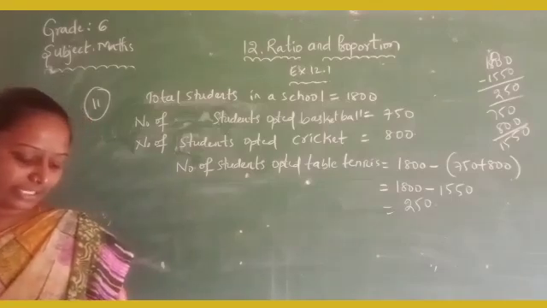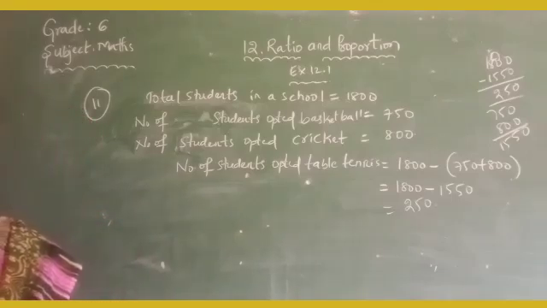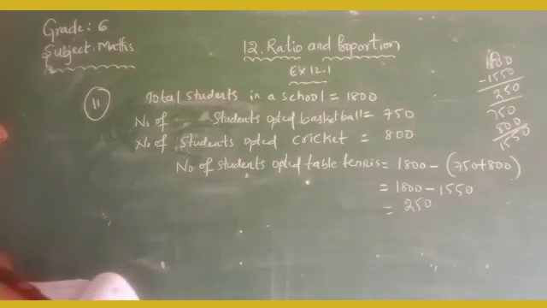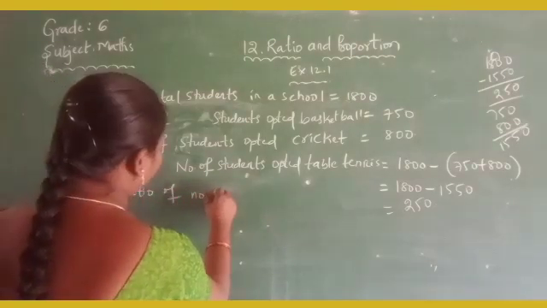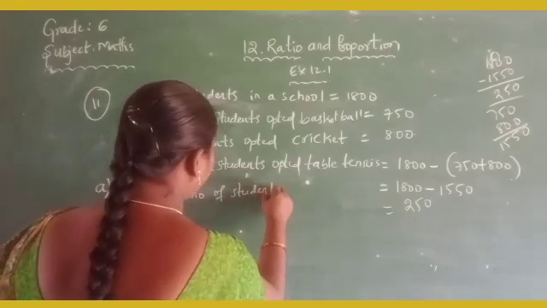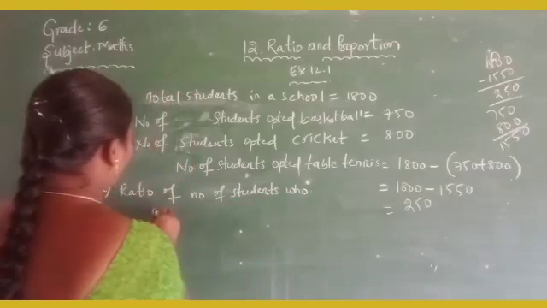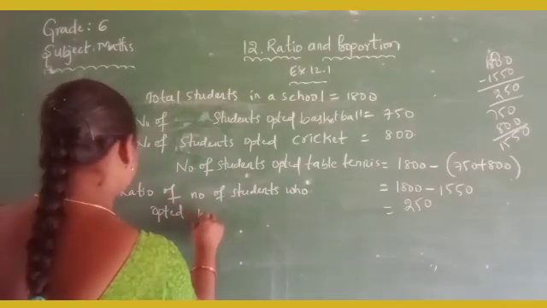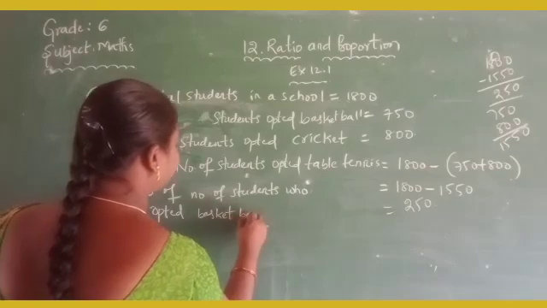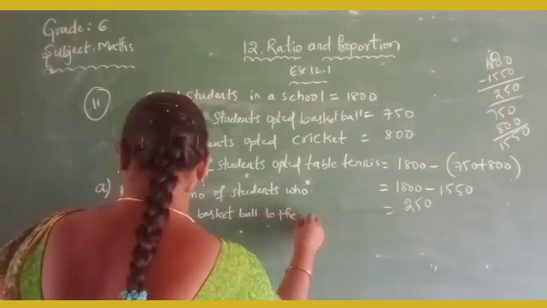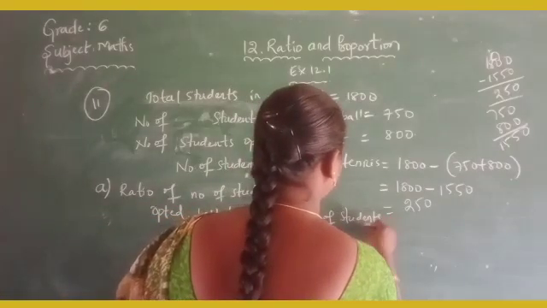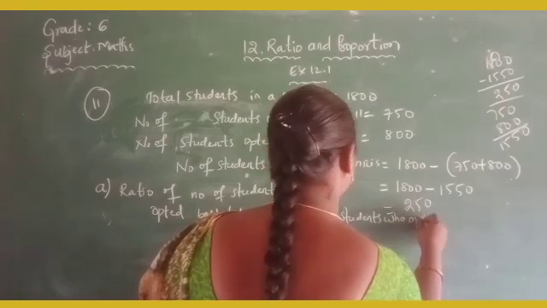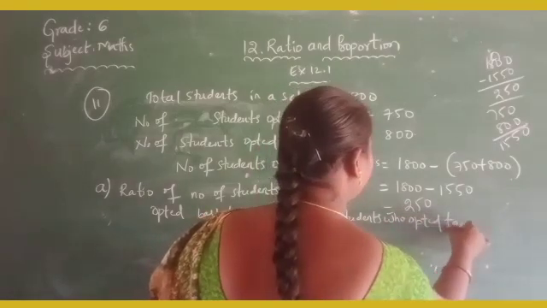Now find the ratio of the number of students who opted basketball to the number of students who opted table tennis.